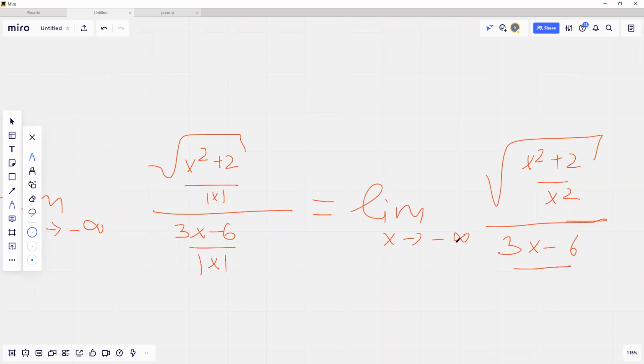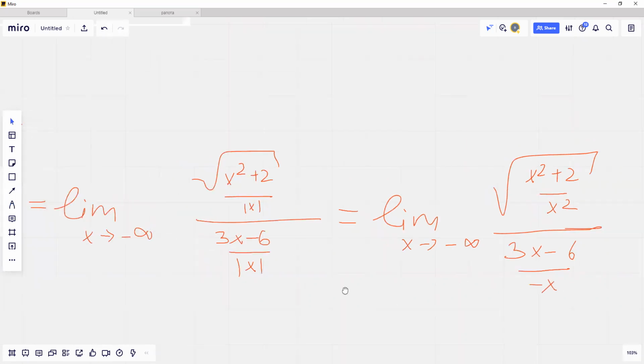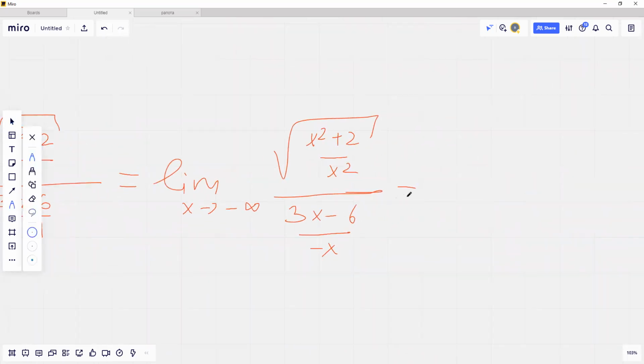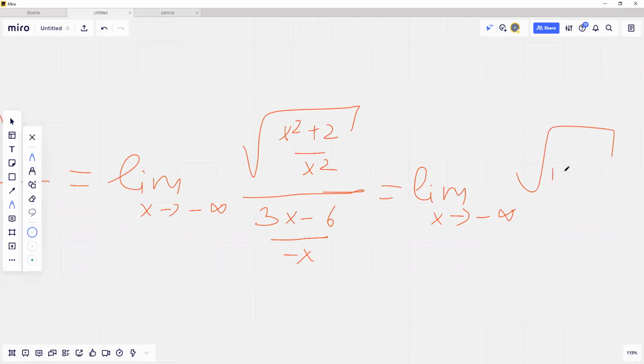Now, as x goes to minus infinity, the absolute value sign here will open with the minus sign, which leads us to limit as x goes to minus infinity, root of 1 plus 2 over x squared divided by minus 3 plus 6 over x.